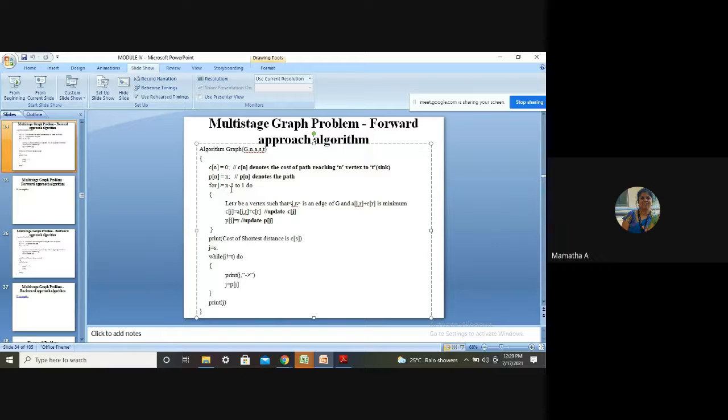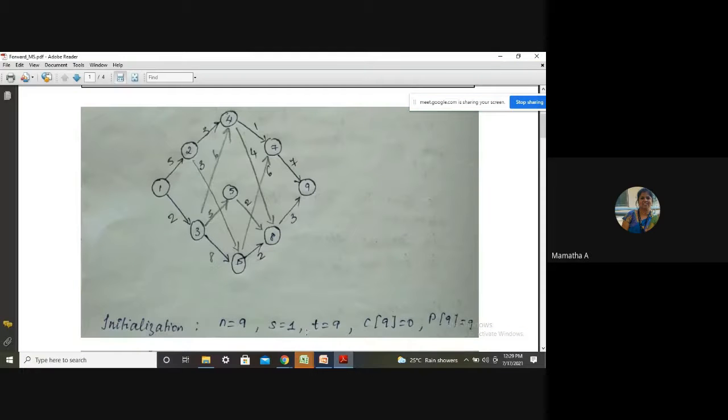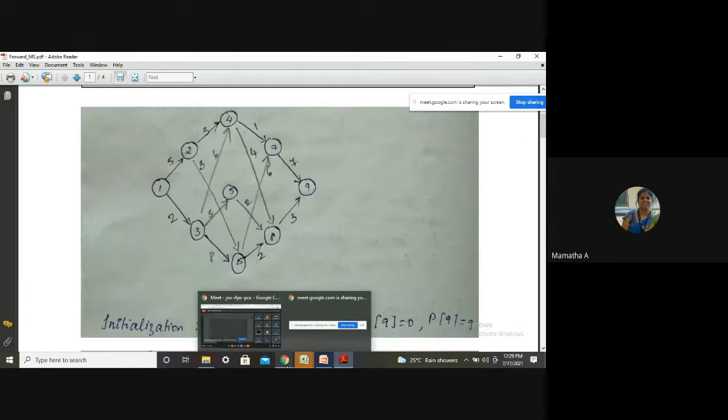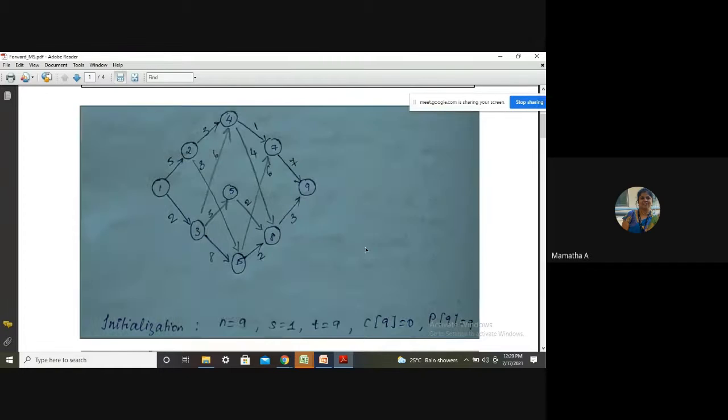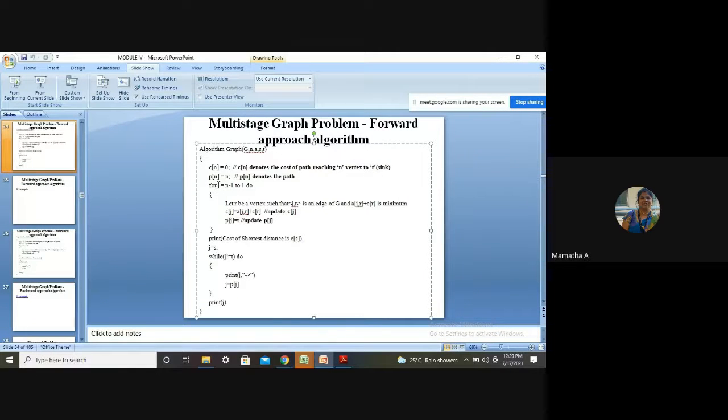J equals to n minus 1 means I should start from which j value in my example? What is the initial value of j?